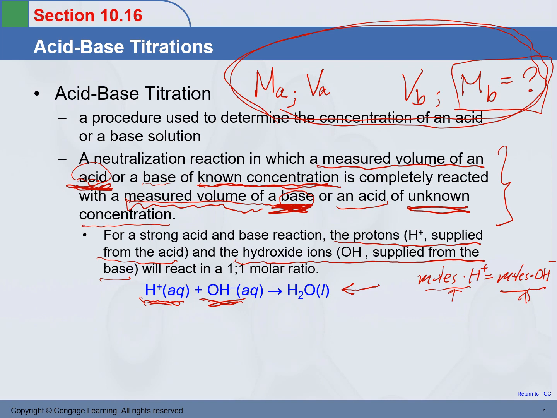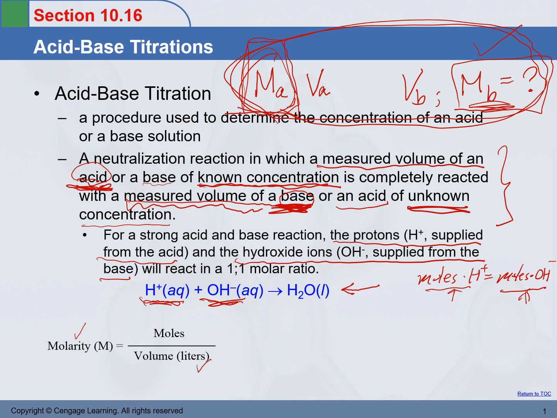Well, do you remember the definition of the molarity of something? We know the molarity of acid and we want to know the molarity of the base. So what is molarity? Do you guys still remember? Molarity equals moles divided by the volume in liters. So if we know the molarity, what do we know?